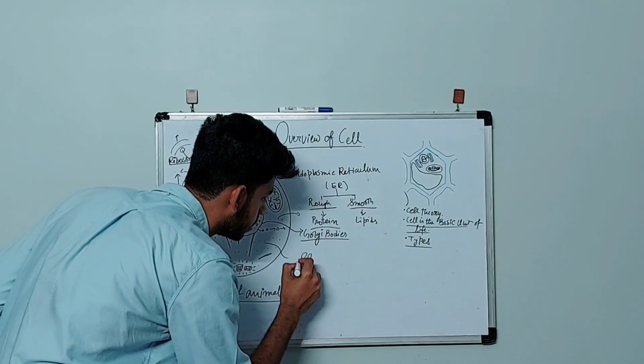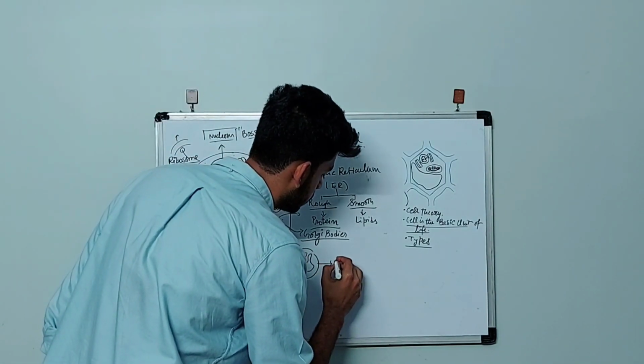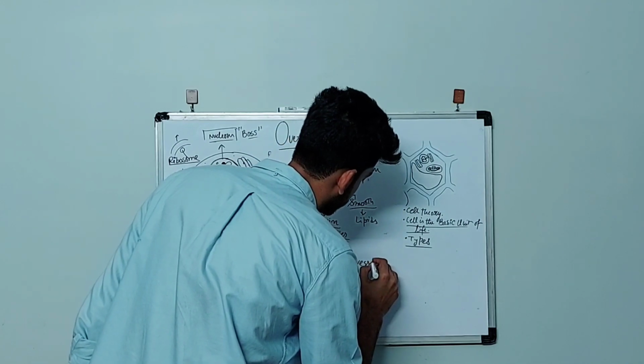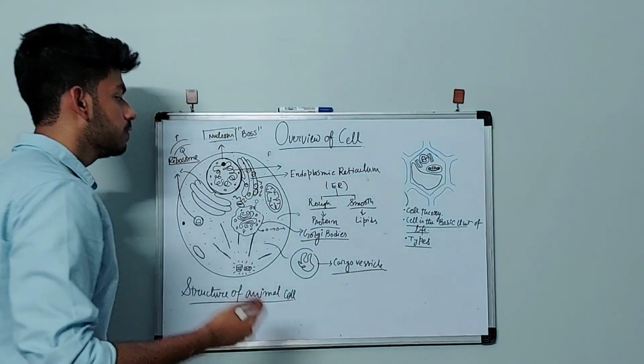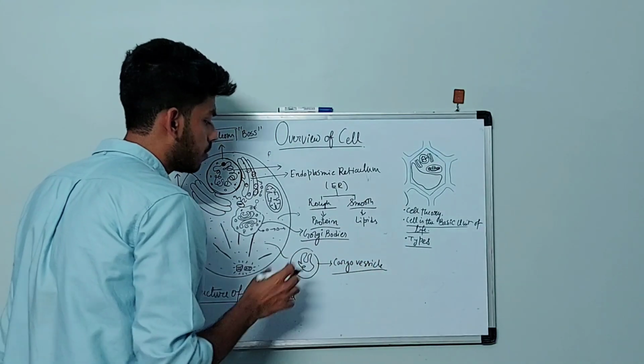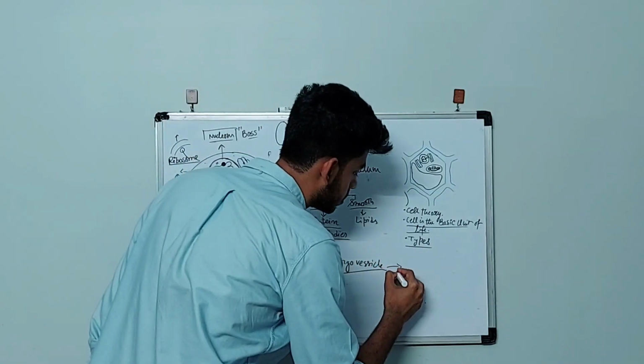So this is the modified protein. And now it will go on a cargo vesicle. The cargo vesicle will carry the developed protein, or the semi-developed protein, to the Golgi bodies.